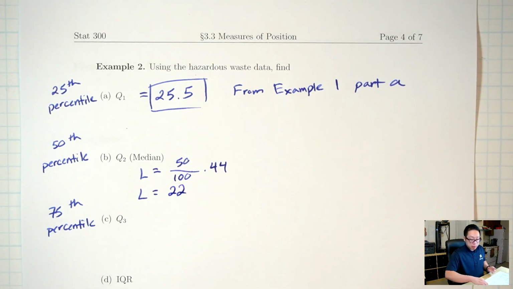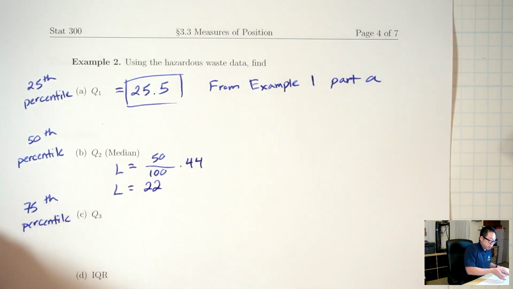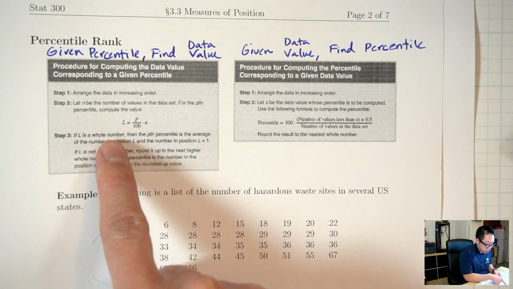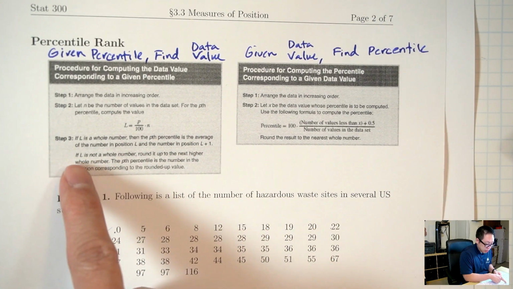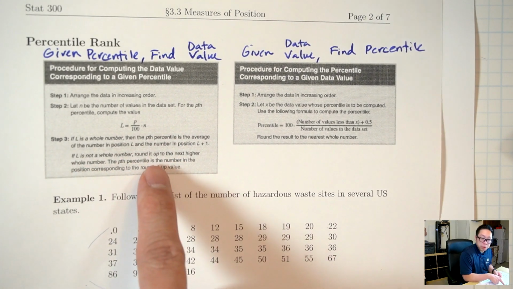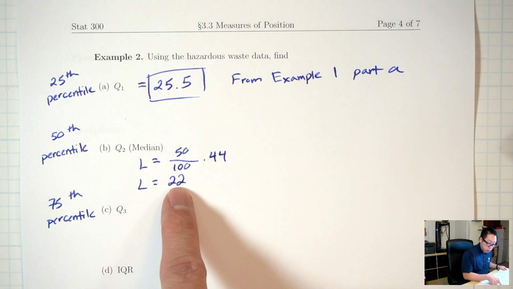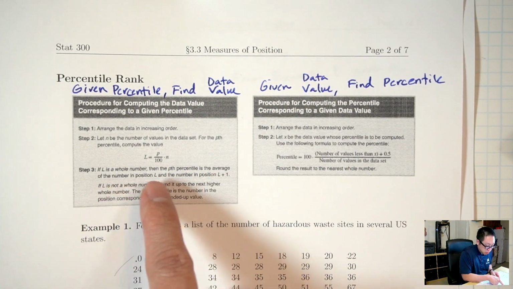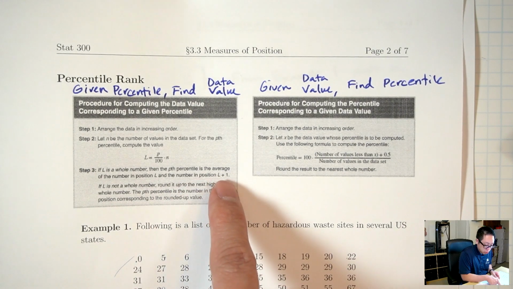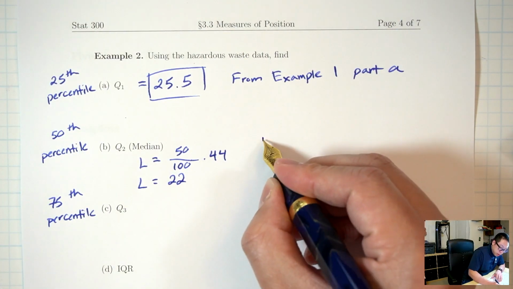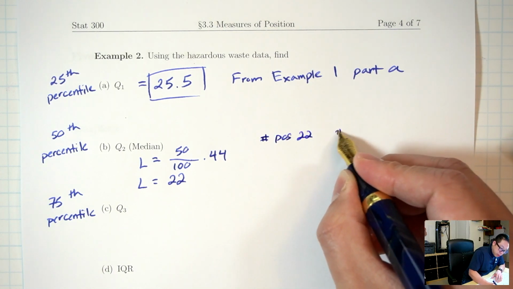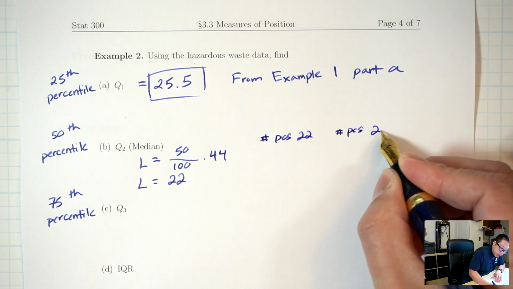Remember, we're not done. That's just the location that we want. So we just did step 2. Step 3, if L is a whole number, this is what you're supposed to do. If L is not a whole number, this is what you're supposed to do. In our case, L is a whole number, so we're supposed to average the number in position L and the number in position L plus 1. So we're going to average the number in position 22 with the number in position 23.